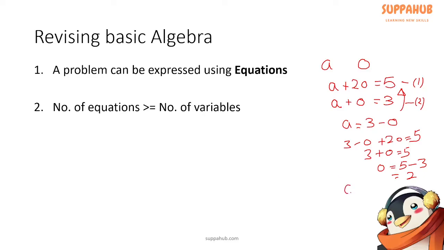And then the price of apple is just 3 minus O, which is equals to 3 minus 2, which is 1. So the price of apple is $1 and the price of orange is $2. So you're able to solve the problem if you have two equations in this case.